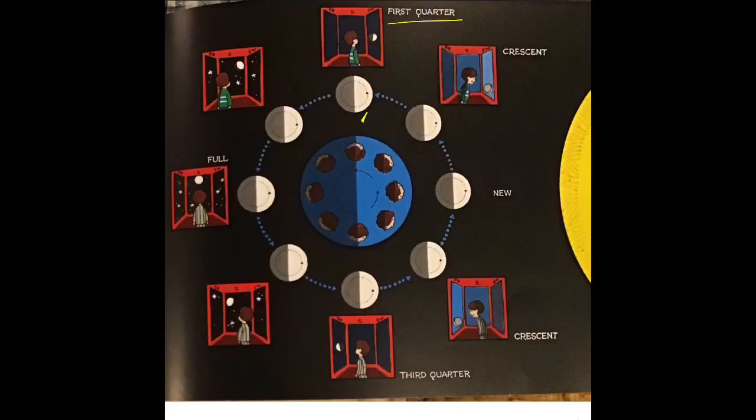Okay, let's look at this little person at the window here. He's looking out from his bedroom window, maybe, looking up at the moon. And this shows where he is at different times. Notice where the sun is. And here he is. What is he seeing?